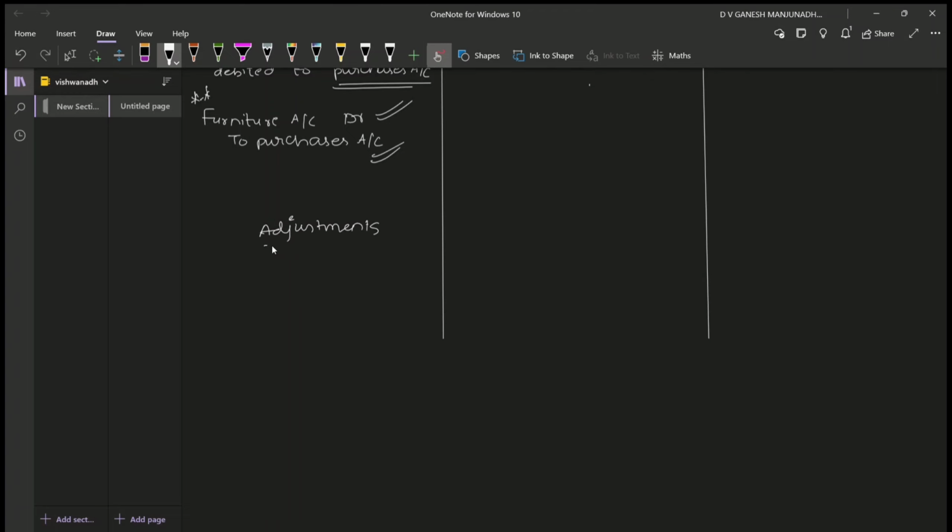When it is given in adjustments, then we deduct it from purchases in trading account, and it is to be shown as current.